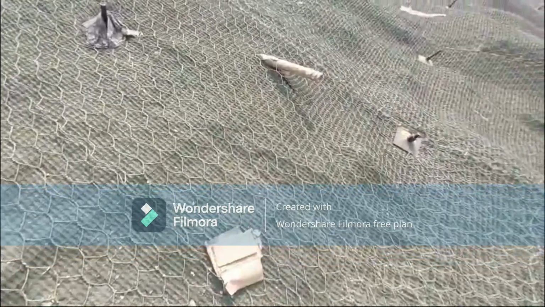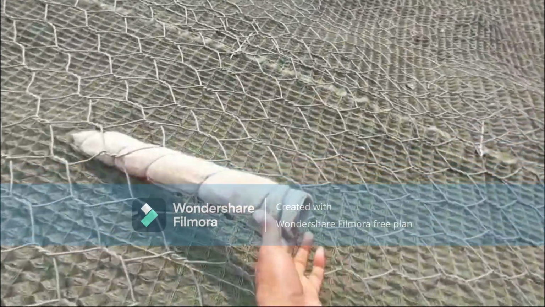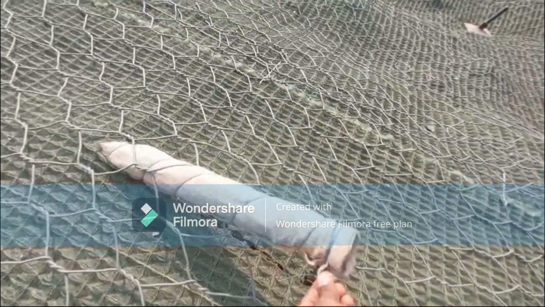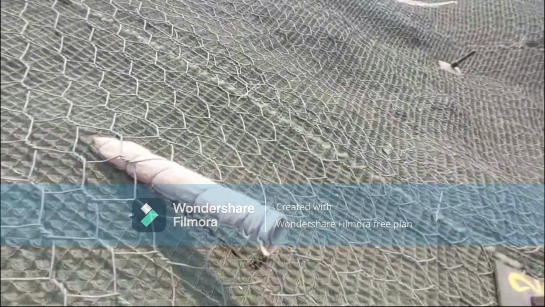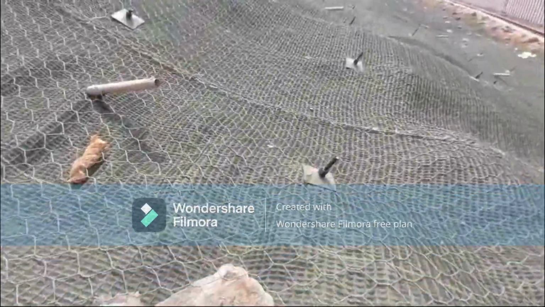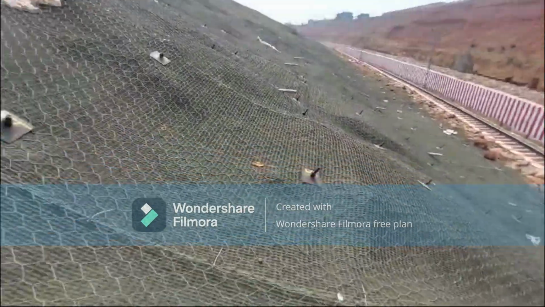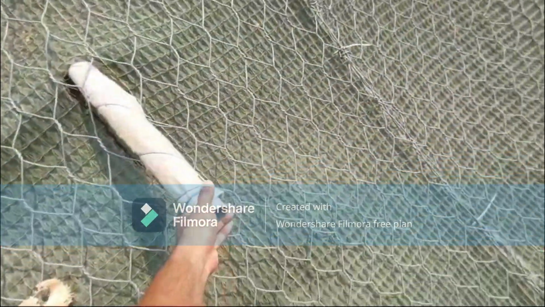And here you can see they have provided this pipe with a geotextile for water seepage, so rainwater can exit through this pipe.